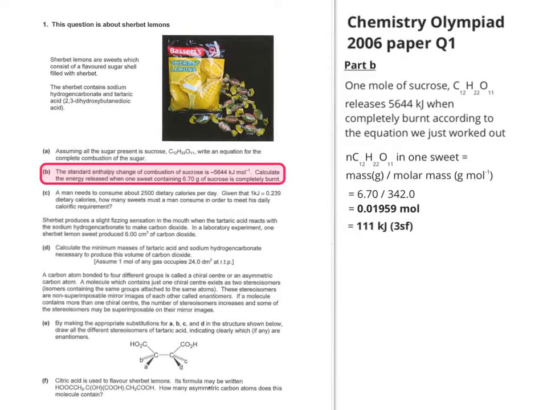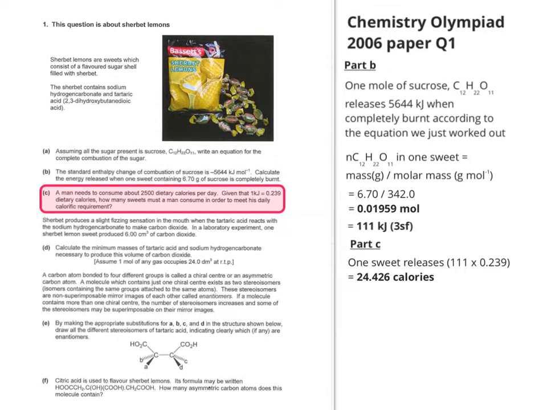Okay, so the next part is about working out how many sweets an adult male needs to consume in order to meet his needs. His dietary calories per day is about 2,500, so to meet that requirement, he'd need to consume quite a few actually.